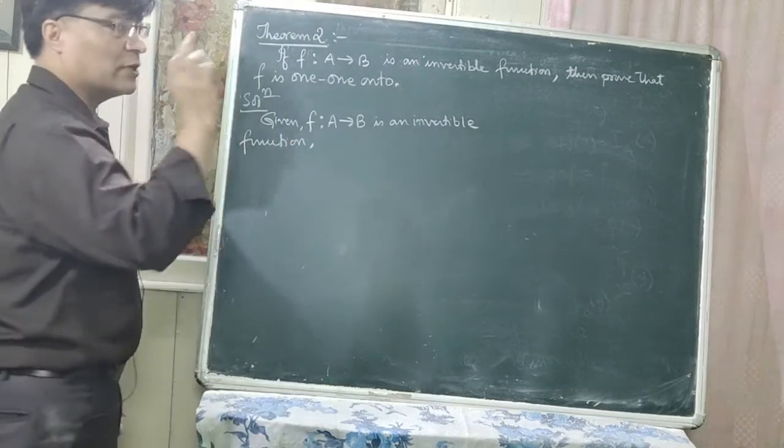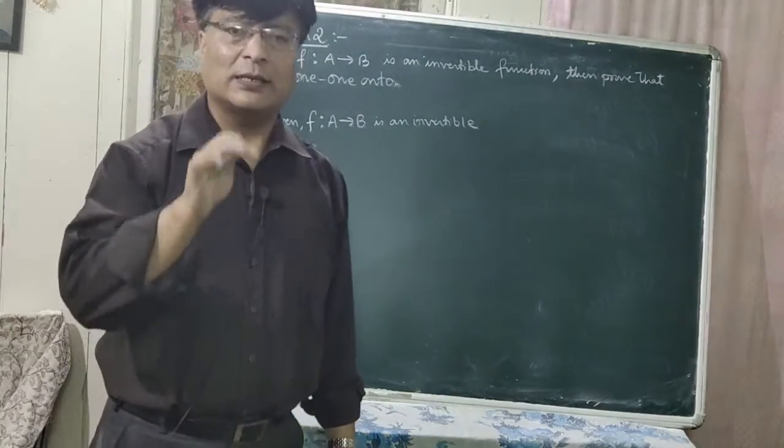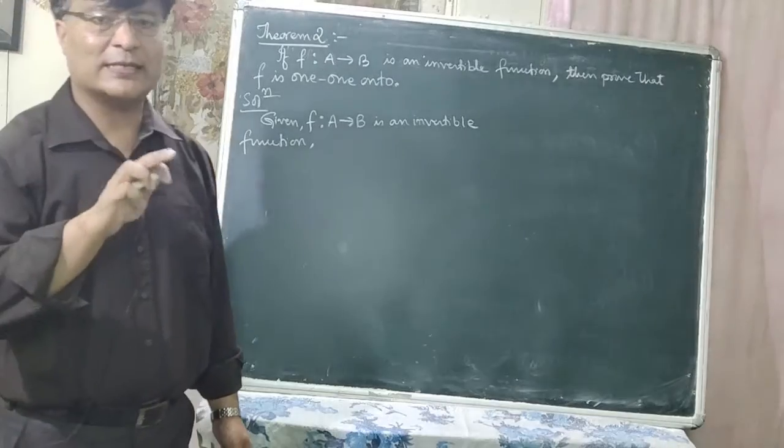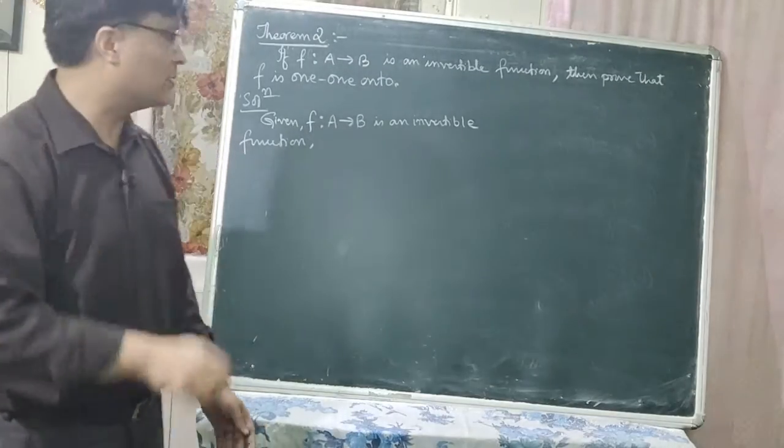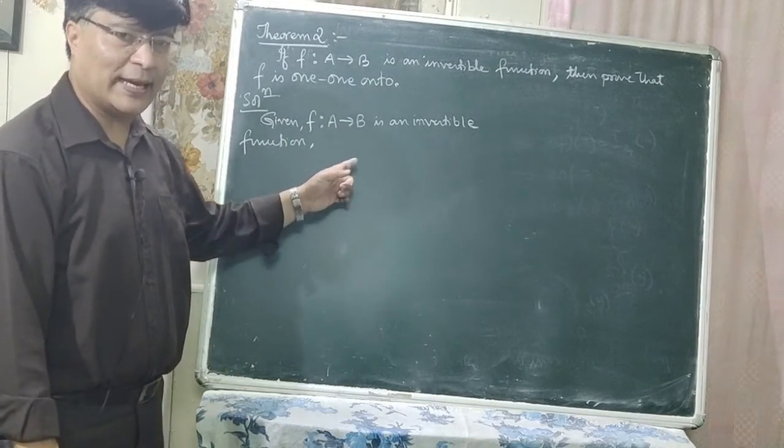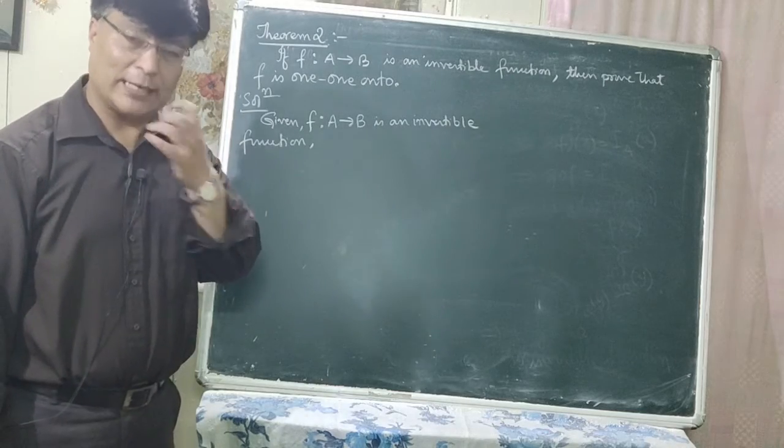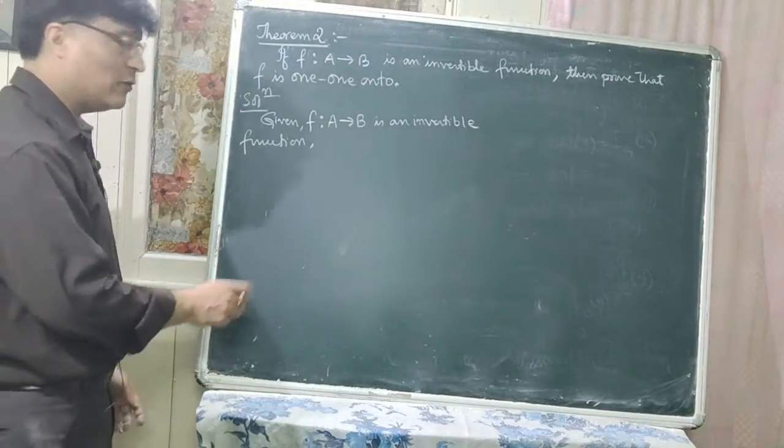So here given is, given f such that a to b is an invertible function. So from the definition of invertible function, what can you write? There exists a function g such that b to a such that GOF is equal to IA and fog is equal to IB. You know that, isn't it? That is from the definition of invertible function.